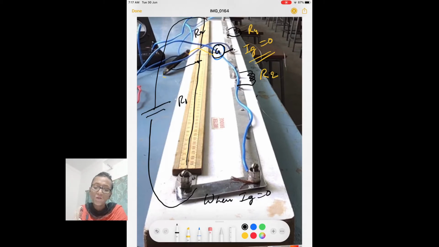So when you scroll this connection of the galvanometer on this wire, and at a certain point the galvanometer reading Ig becomes equal to 0, and suppose at this point the resistance of this length is equal to R1 and the resistance of that length is equal to R2, then R1 by R2 must be equal to R3 upon R4.